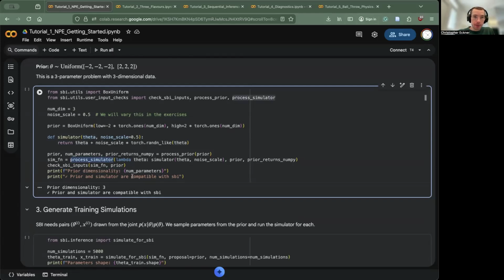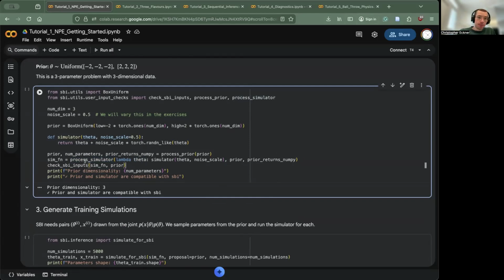You call this function, process simulator, where you input the variable theta that you want to infer, give it the prior you defined as a uniform box, and specify how you want it returned.